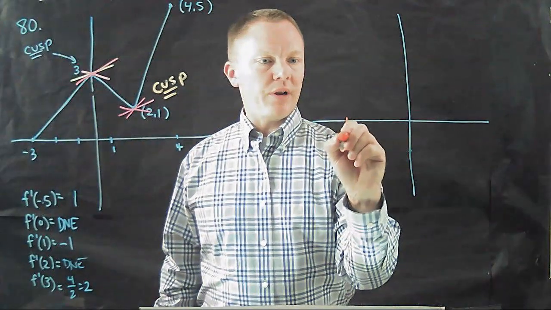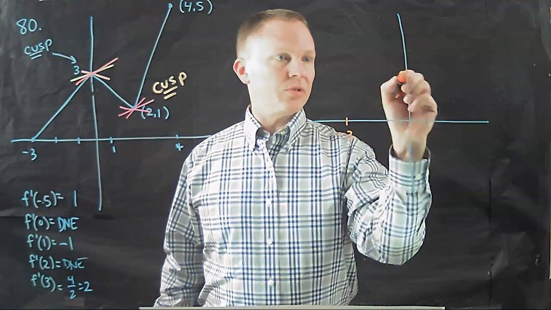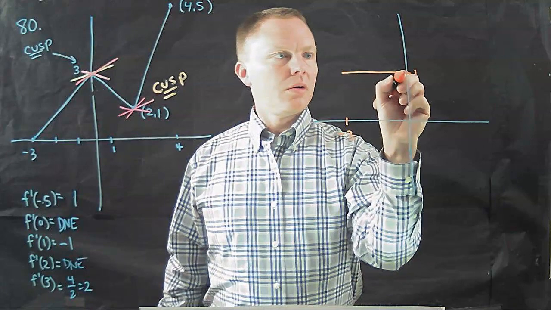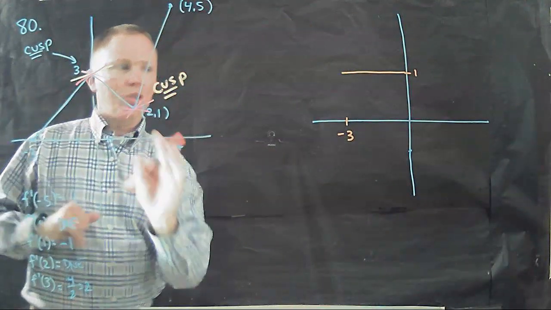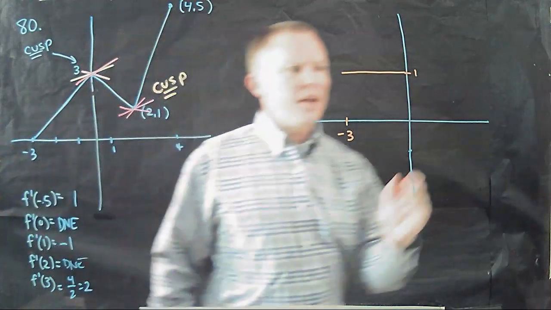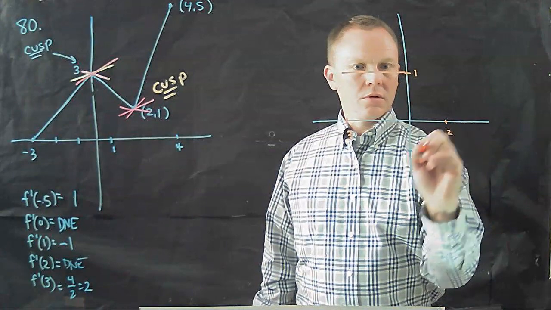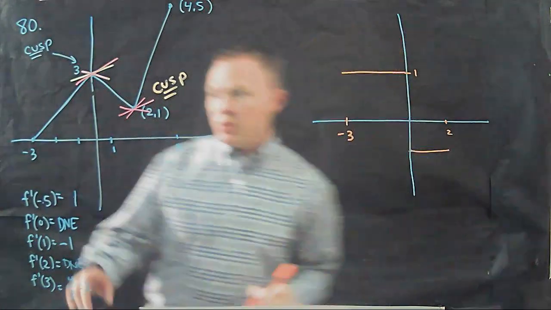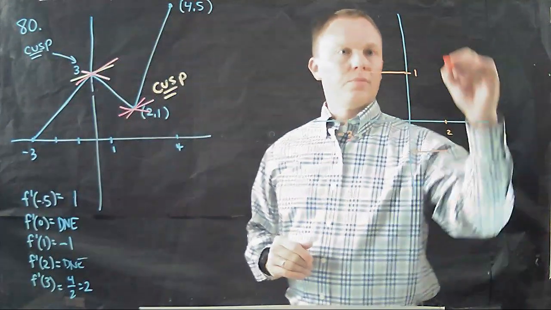So here's -3, and here's 0. Here's x equals 0, here's 1. I'm going to say the derivative is just a constant 1. Okay? And then between 0 and 2, the derivative is a constant -1. And then between 2 and 4, the derivative is a constant 2.